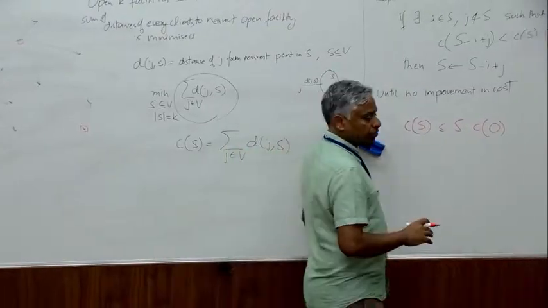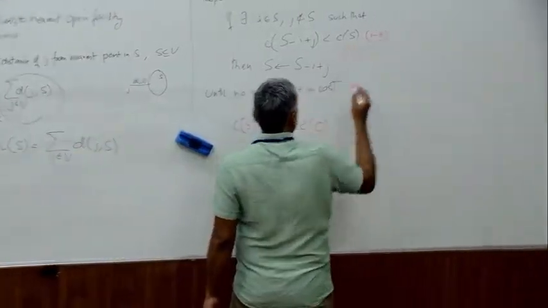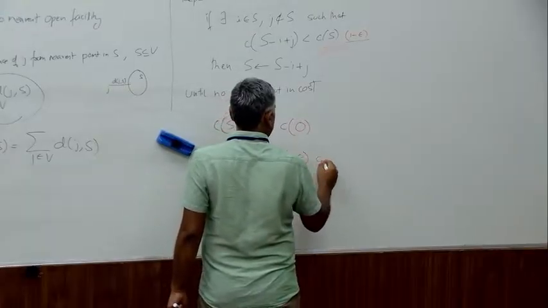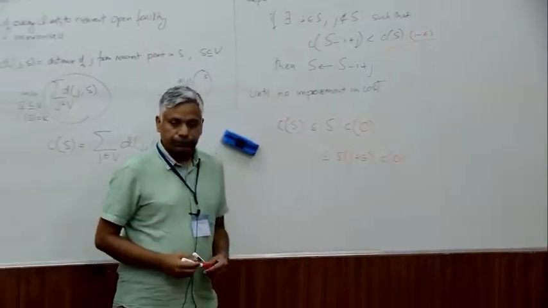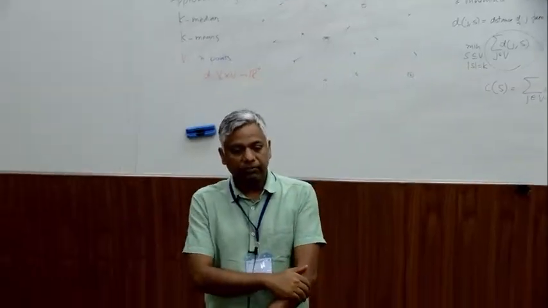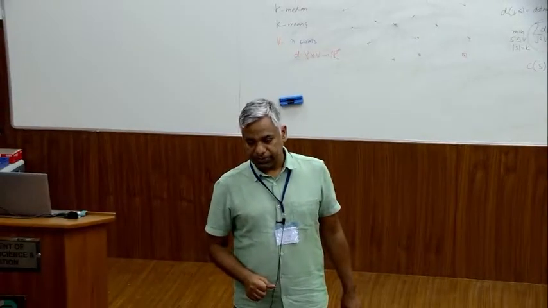And if you have this, then it will become 5 times (1 plus epsilon) times cost of O. So the approximation guarantee will worsen by a factor of 1 plus epsilon.